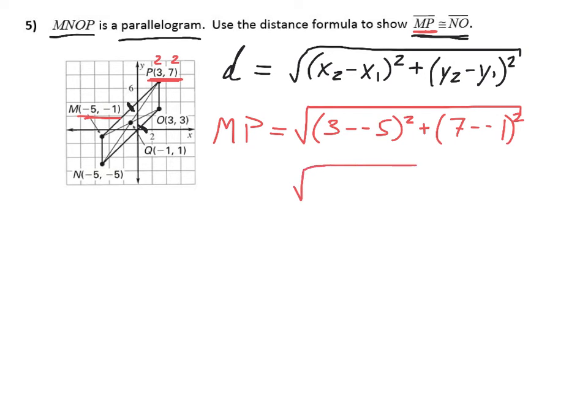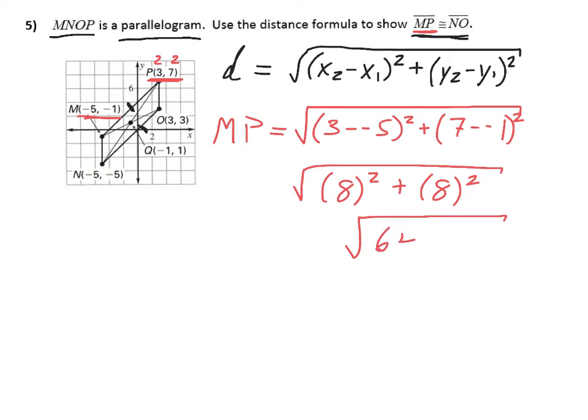So when I go through and simplify what's in my parentheses, I'm going to end up with 8 squared plus 8 squared. Then I'm going to end up with 64 plus 64, which gives me 128.